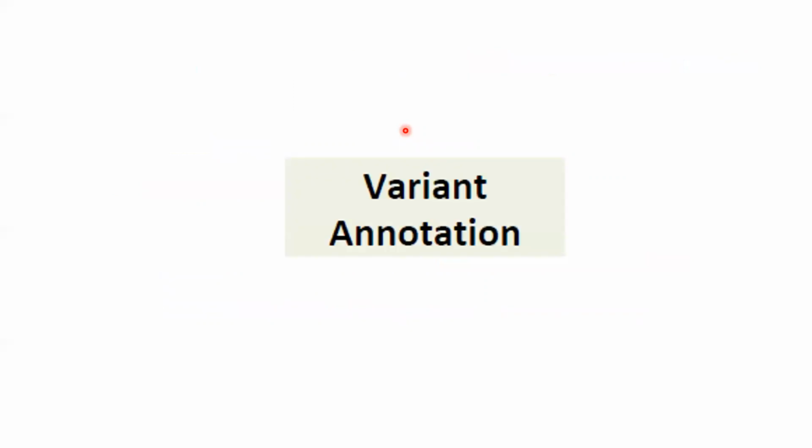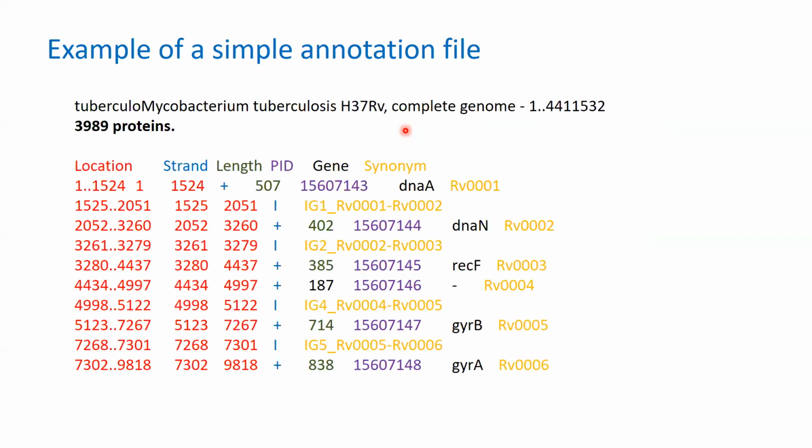So now let's assume we have our variants. The last step of our pipeline is to annotate those variants. Annotation means we want to classify those variants and the genomic region in which they fall in terms of functionality.